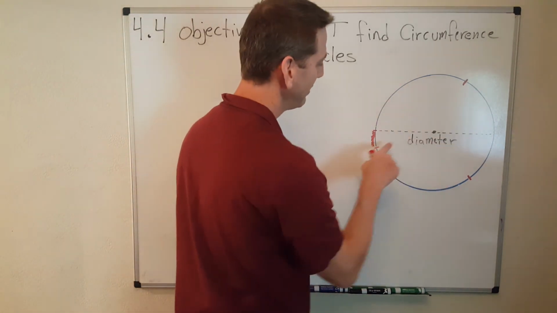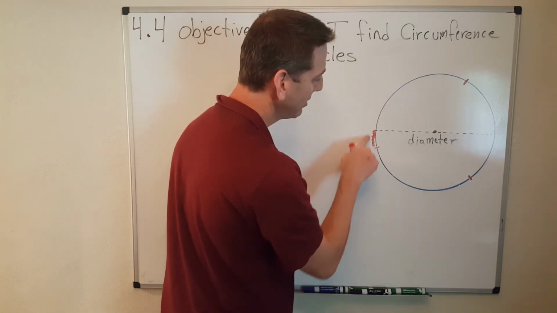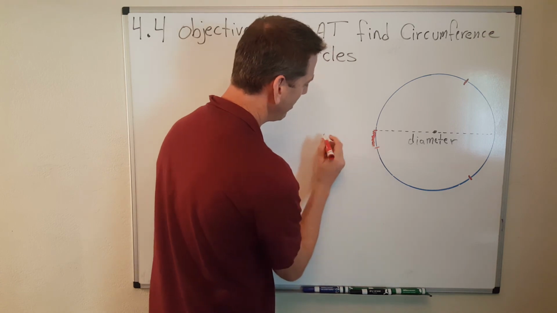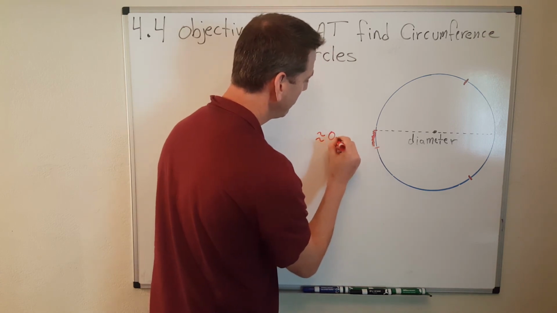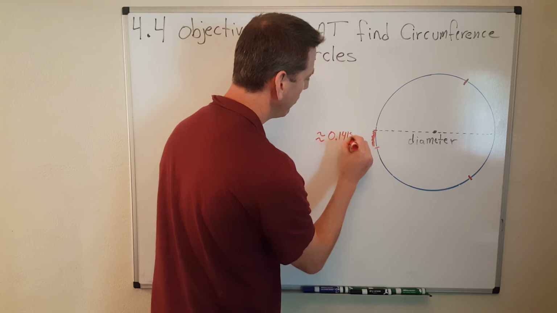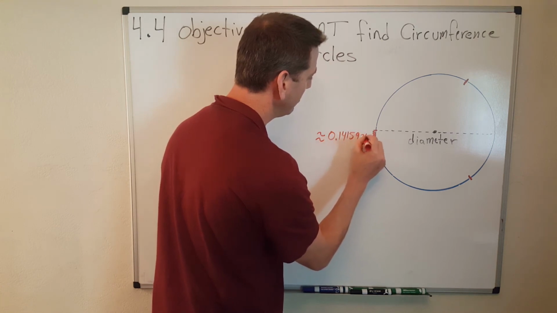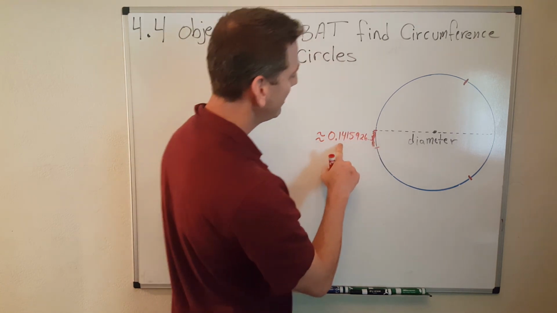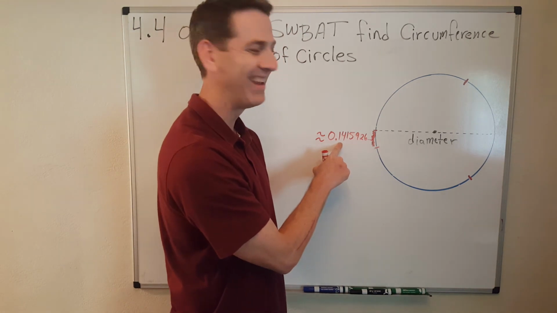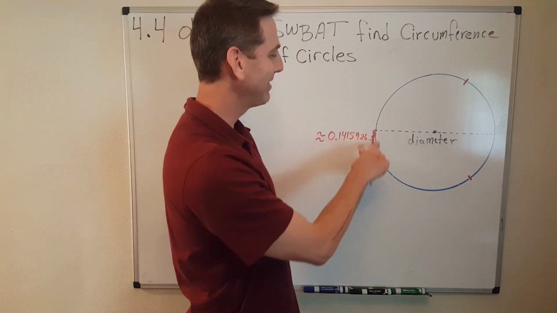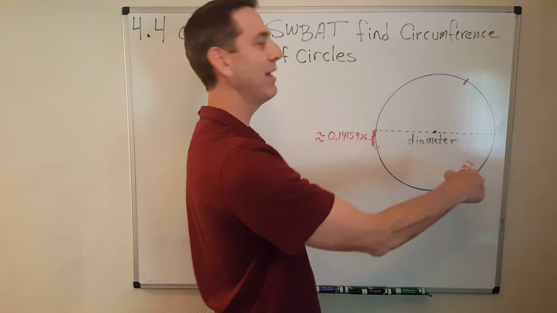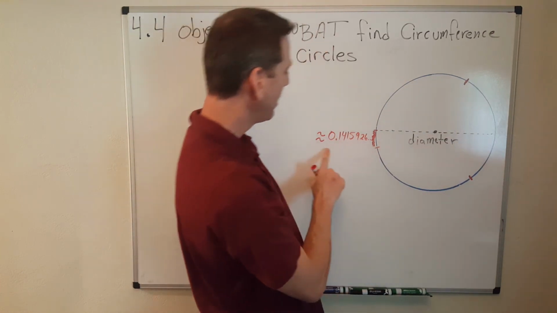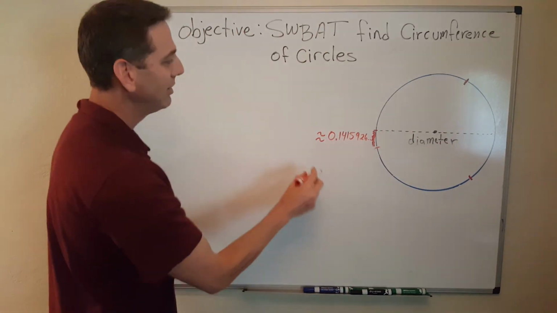This little space right here is about 0.1415926 diameters. So if you put them all together, you have 1, 2, 3 plus this.